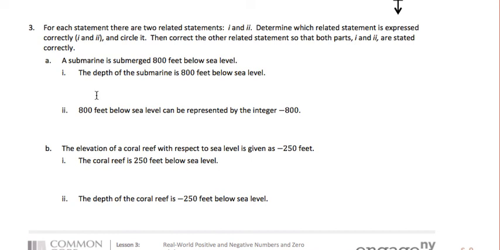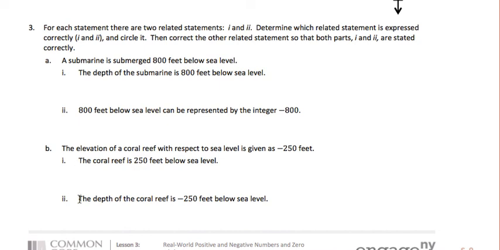Statement B, the elevation of a coral reef with respect to the sea level is given as negative 250 feet. A coral reef is below the surface of the water. And so in this statement, it's telling us that it is 250 feet below sea level. Statement 1, the coral reef is 250 feet below sea level. That seems accurate.